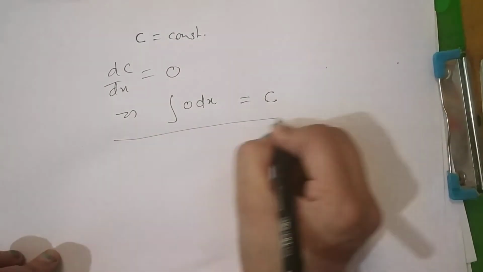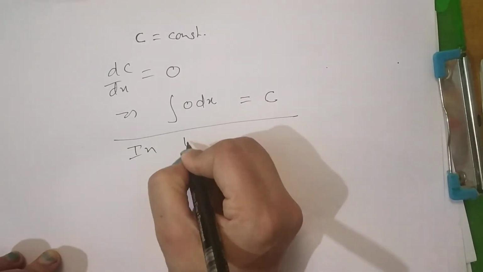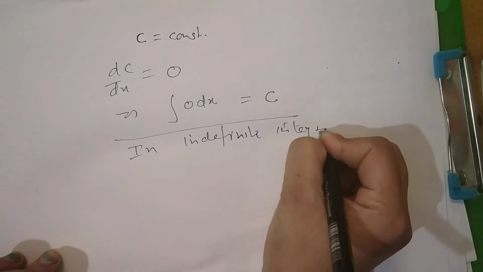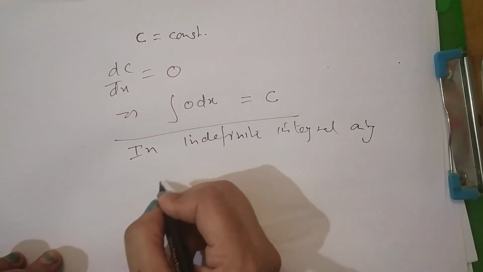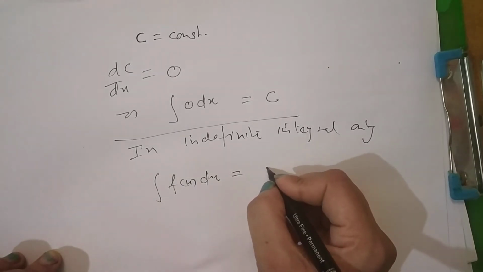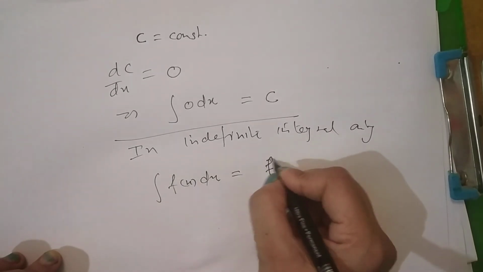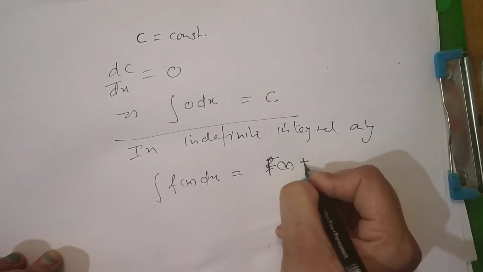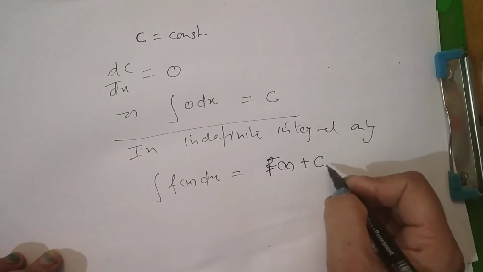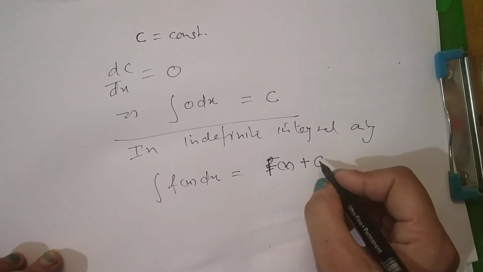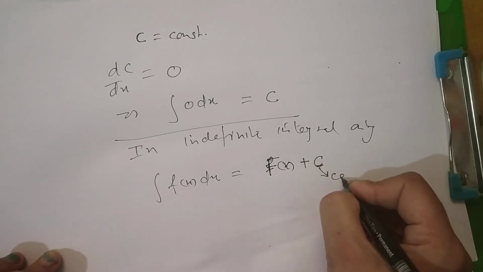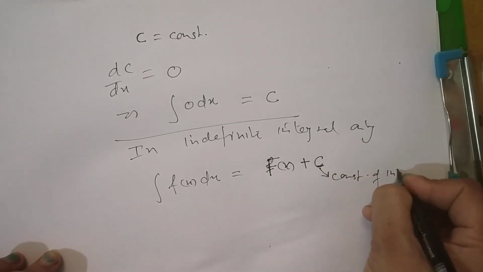So what we do is, in indefinite integral only, when we find the integral of some function, we write its answer, let it be capital F(x), the integral of this, plus we write c, because this c has derivative 0, so we must include this to write the complete answer. So this is constant of integration.